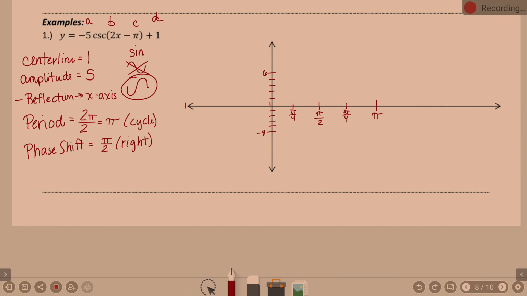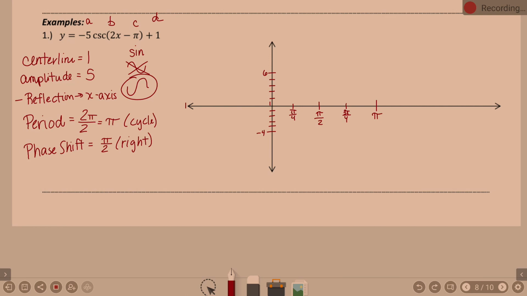Now, before I start drawing, what's the phase shift I'm eventually going to have to take into account for? Pi over 2. So I'm going to have to move pi over 2 to the right, which means, what's another pi over 2 to the right? 2 more equivalent tick marks, yes? Right? Because each 2 tick marks is pi over 2.